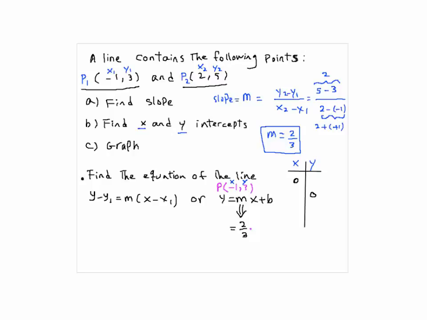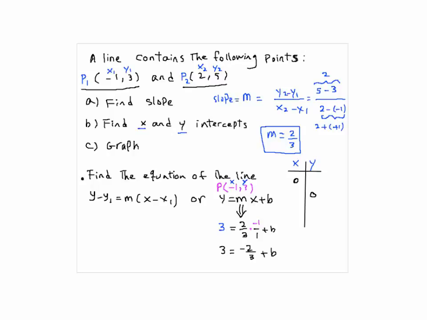So if I substitute for each x -1 and substitute for each y 3, then you can quickly solve for y-intercept. So here I have 3 is equal to -2/3 plus b.